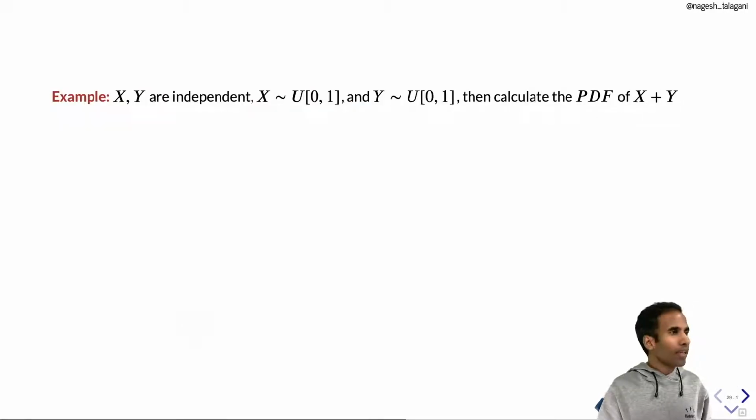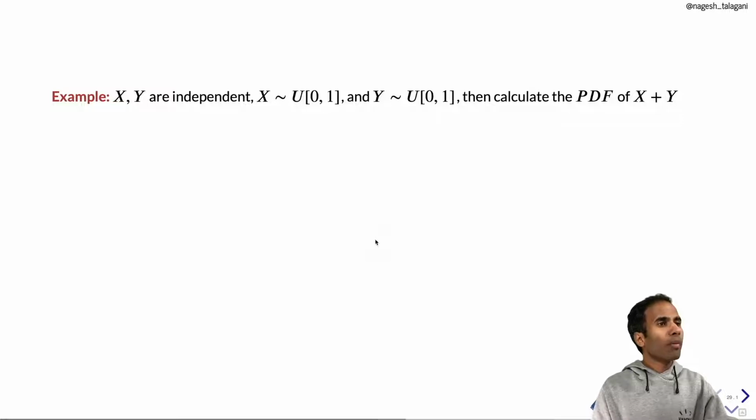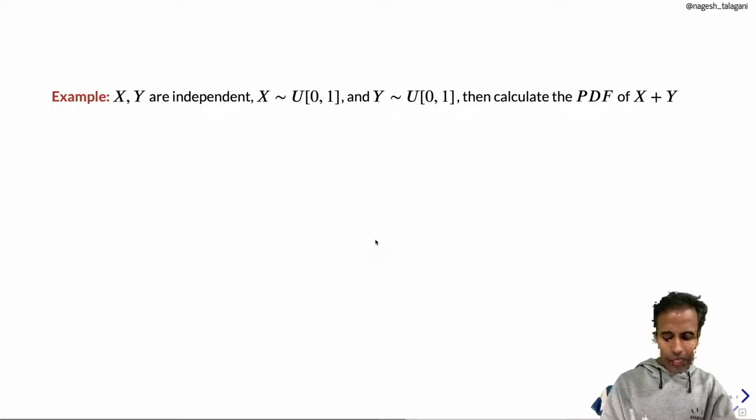Let's do a problem here. X and y are independent uniform random variables over the interval 0, 1. Then we have to calculate the PDF of x plus y. Here we are going to use the convolution formula for the PDF of x plus y. First of all, x and y are uniform random variables over the interval 0, 1.